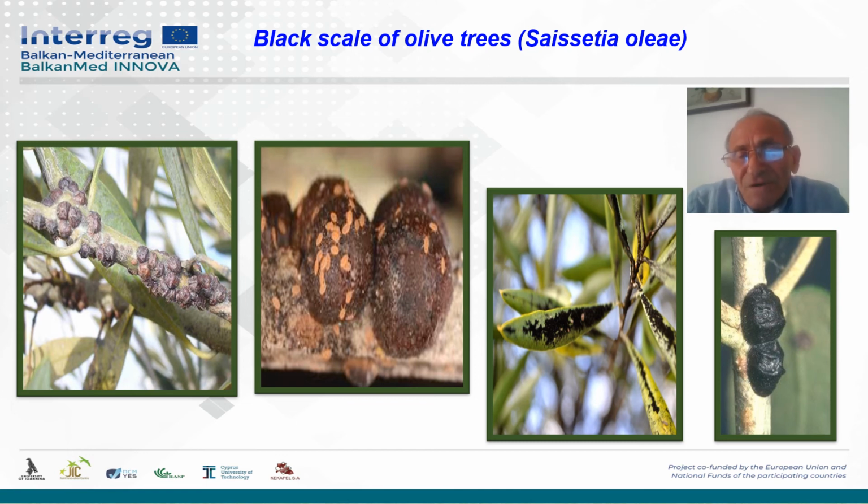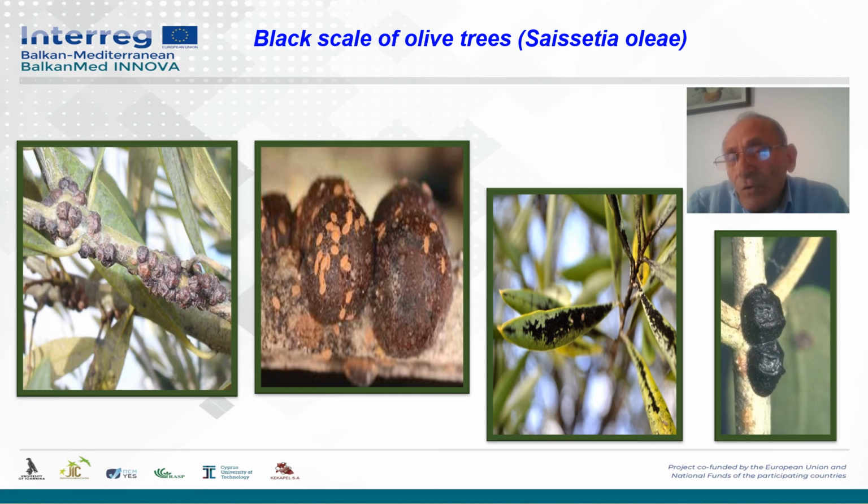In the next picture we see black leaves with a black layer. This is sooty mold caused by a saprophyte disease. This saprophyte disease is installed on the honeydew, with a sugar content, that is produced by the scale.